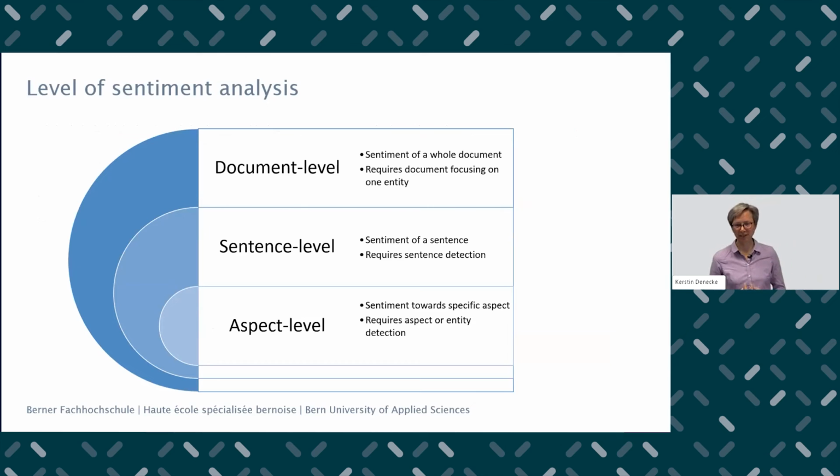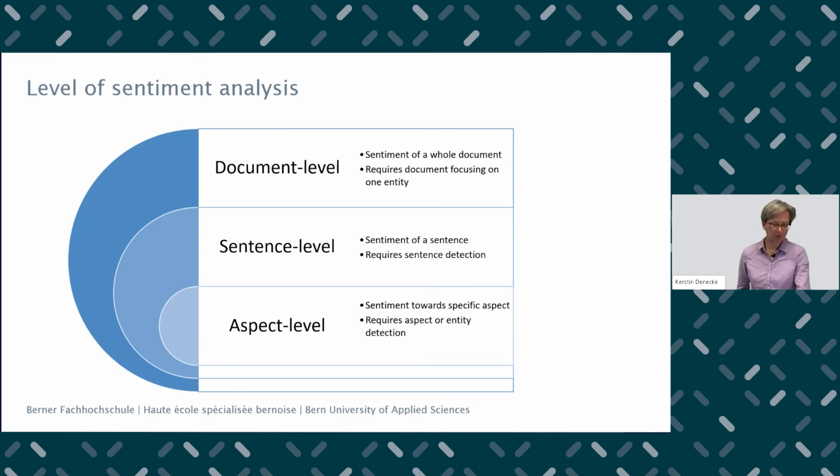So the example I already showed, we have different options to run our sentiment analysis. We can consider the sentence level, so determine the sentiment of a sentence. We can even go into more detail and consider aspects.